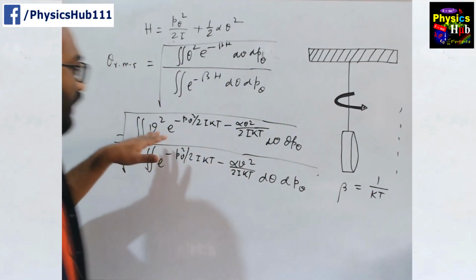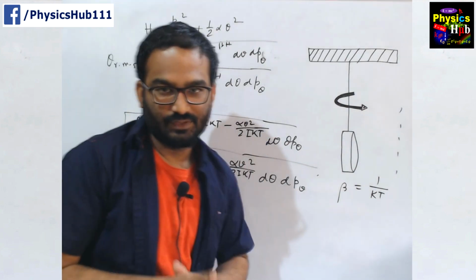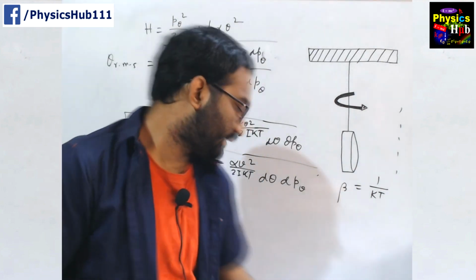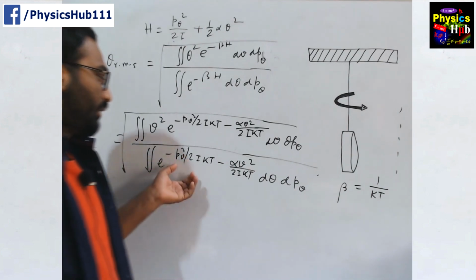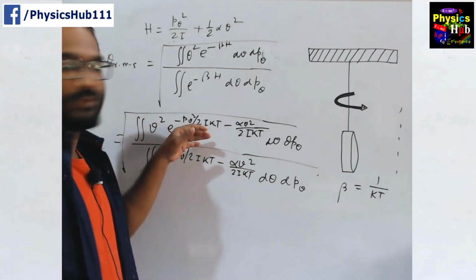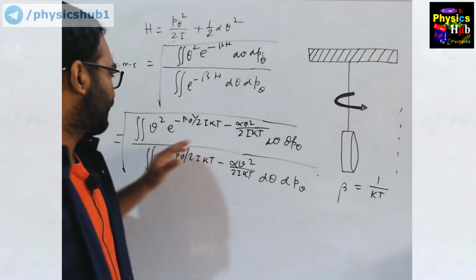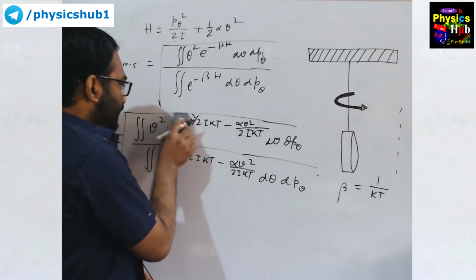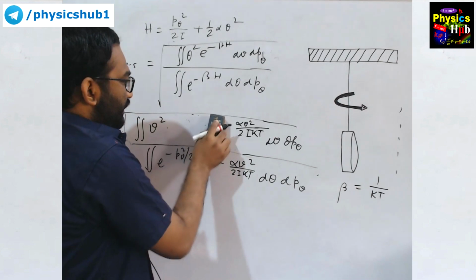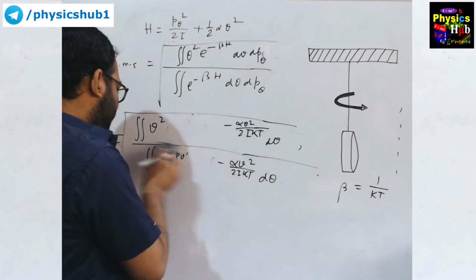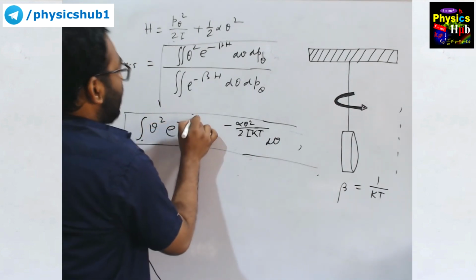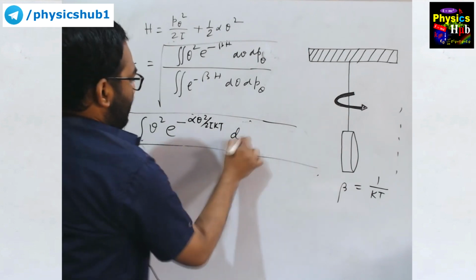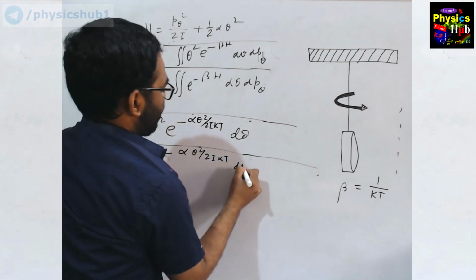Now you can find the value of this integration. Here also you can omit the p theta dependence from both numerator and denominator and just keep the theta portion, because they will give equal results.